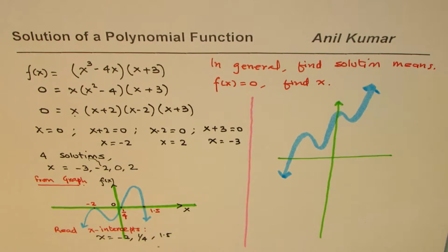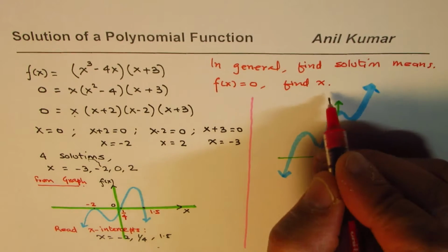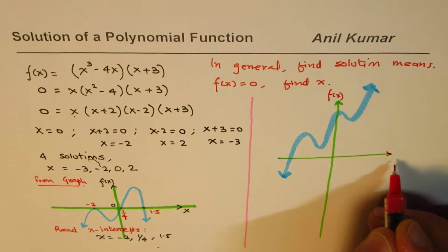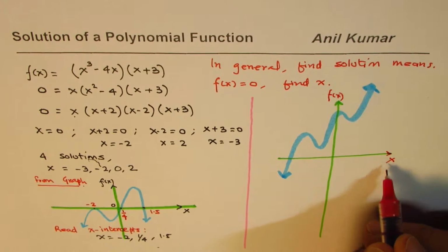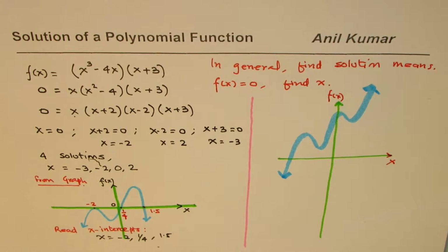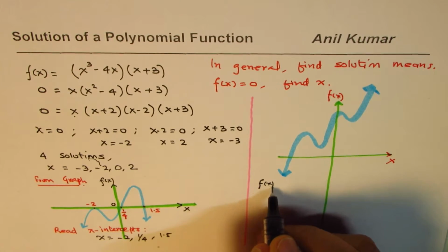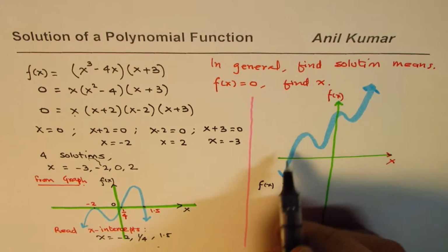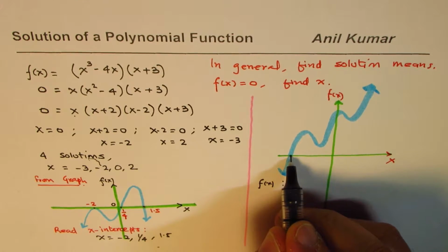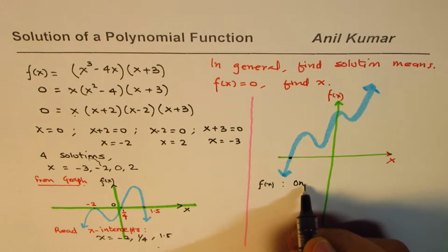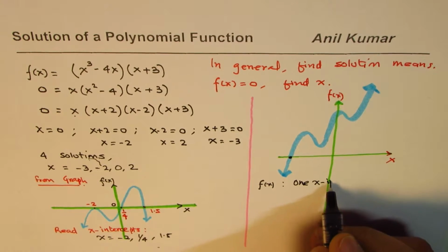Now, first question is, let me call this function f of x. For this function, how many solutions does it have in general? You'll say there is one solution since there is one x-intercept.